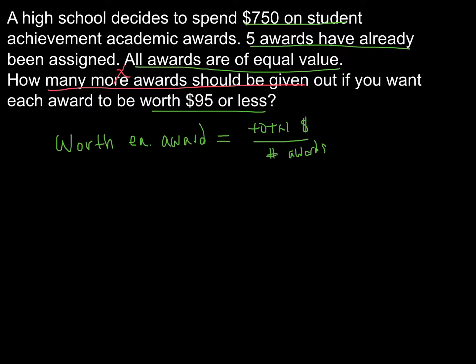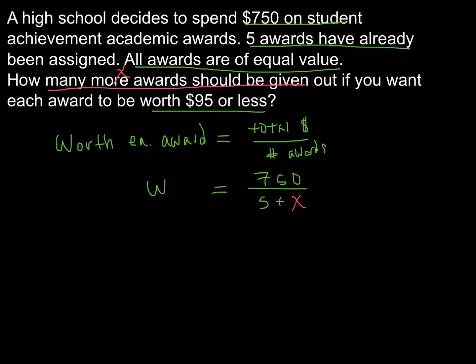Let's call the worth of each award W. The total amount of money is $750. And the number of awards is going to be the 5 we've already given out plus the X that we're adding on additionally. So it'll be 5 plus X.